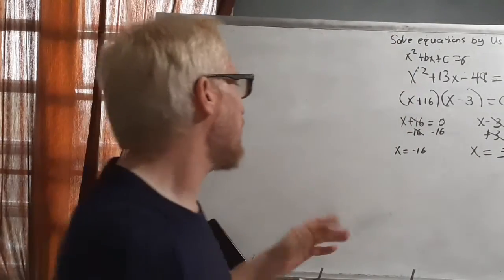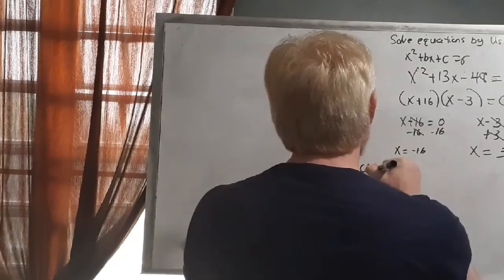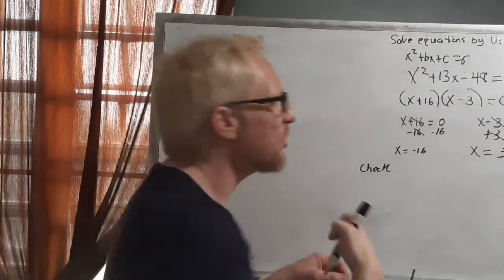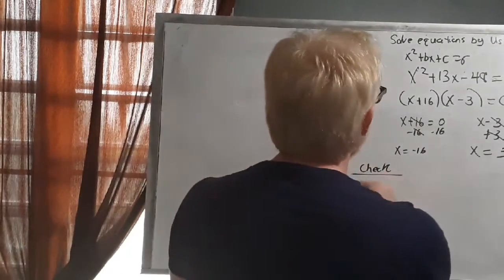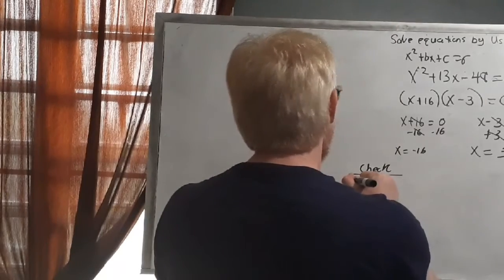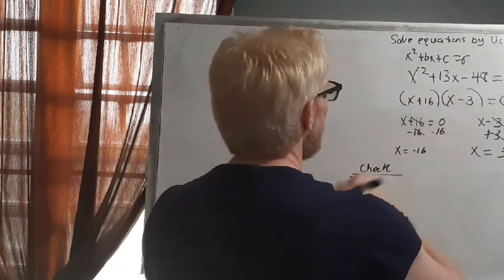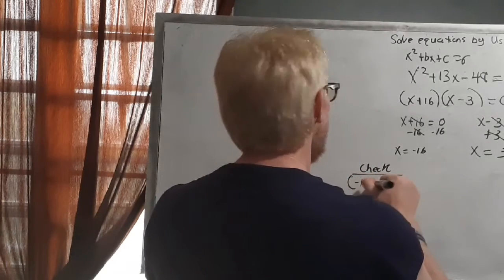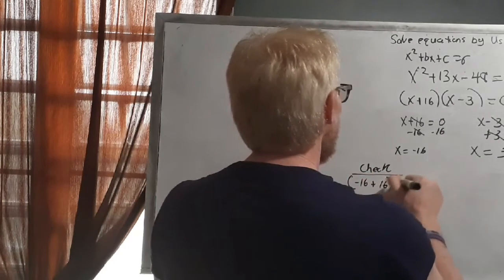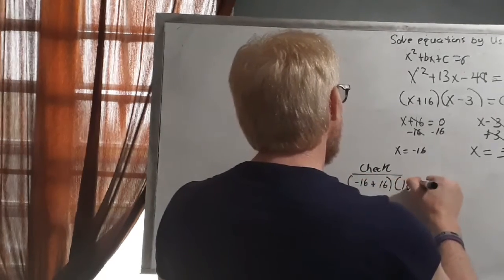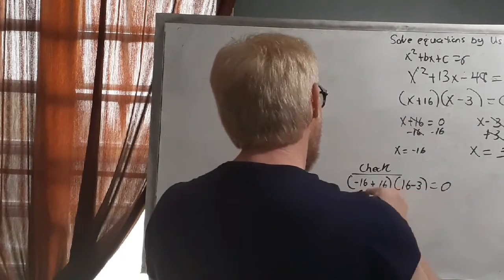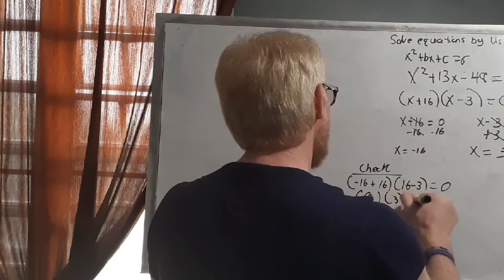Now, I can check my answers, and in fact I'm going to check them twice, once for x equals negative 16 and once for x equals 3. I'm going to plug in negative 16 here: negative 16 plus 16 times negative 16 minus 3 equals 0. This is 0, and this is times negative 19, which equals 0.